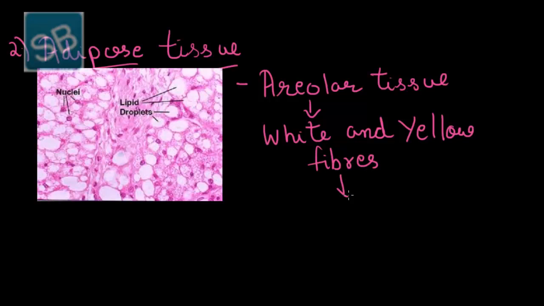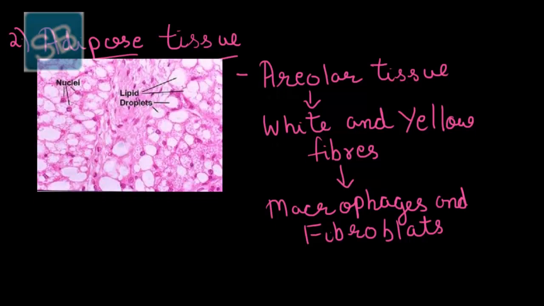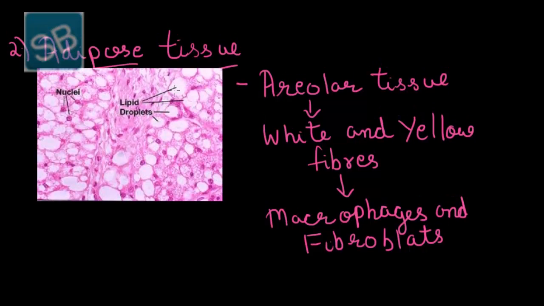It also possesses ground substances like macrophages, fibroblasts, but the main difference between this and areolar tissue is that it contains liquid droplets or the fat molecules.